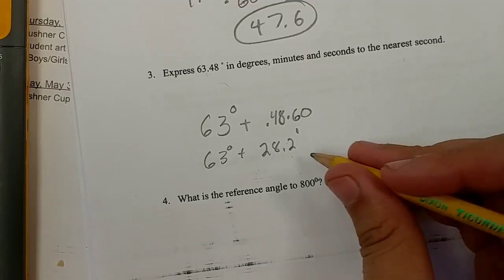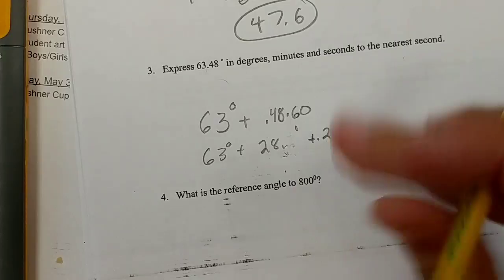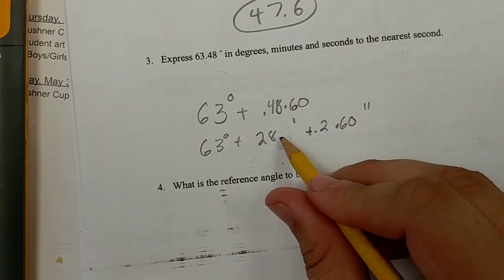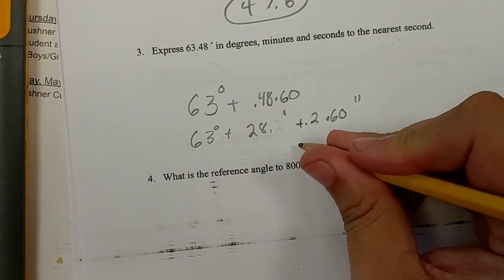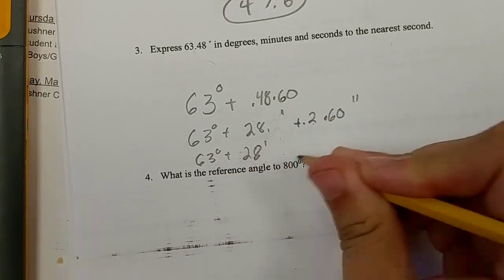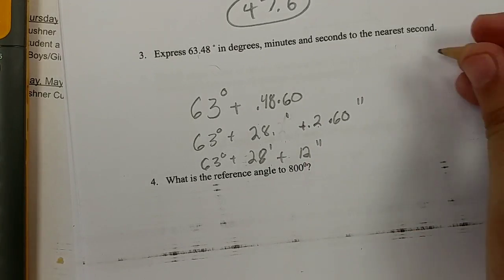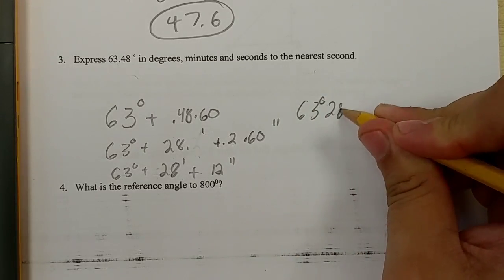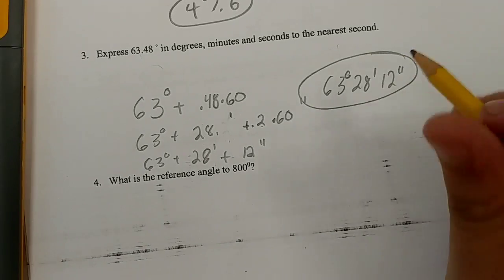But because I have that 0.2, I'm going to move it over here and then multiply that by 60 to get my seconds, because there's 60 seconds in 1 minute. And 0.2 times 60 is 12. So that is 63 degrees plus 28 minutes plus 12 seconds. And I guess for the final answer, I wouldn't put the plus signs in there.